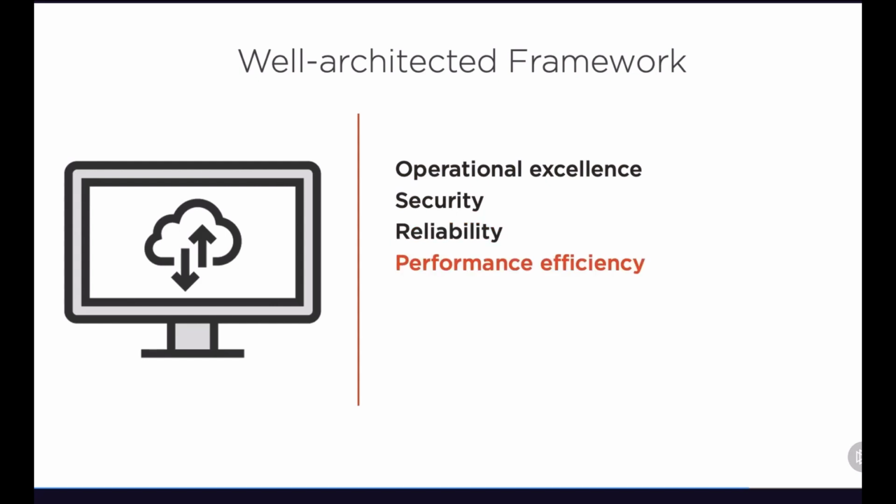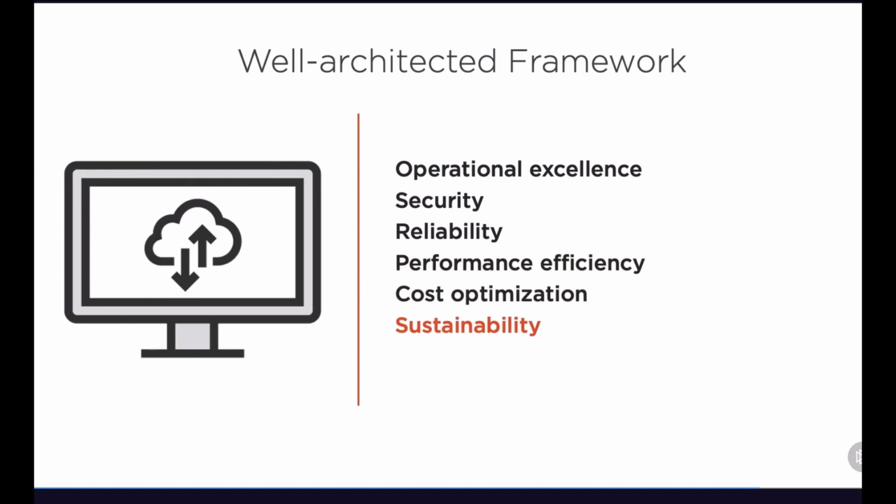One of the things that's important with all of this is that we have a well-architected framework. In other words, we build all these components so that they work well together. The goal of a well-architected framework, as defined actually in this case by Amazon, is operational excellence, security, reliability, performance efficiency, and cost optimization.